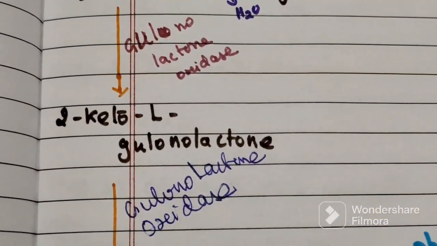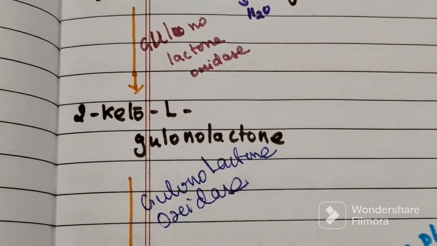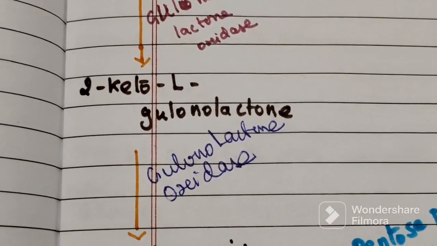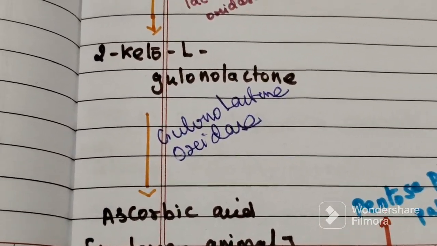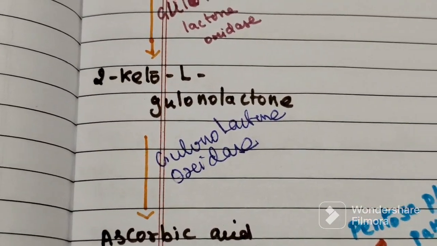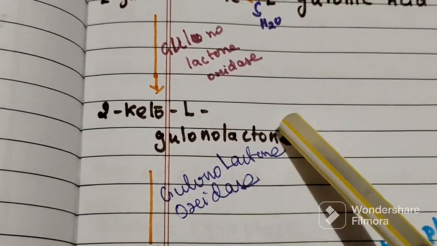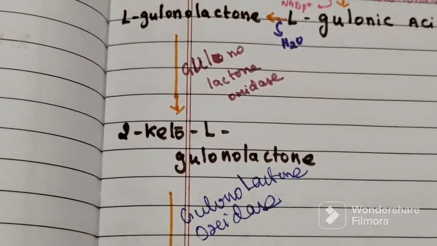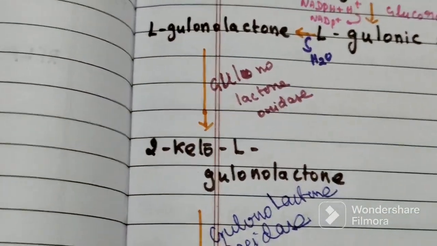Then this 2-keto L-gulonolactone is acted upon by the enzyme gulonolactone oxidase and converted into ascorbic acid. Humans cannot synthesize it because of the absence of gulonolactone oxidase enzyme. This enzyme is absent in human beings, present in lower animals.